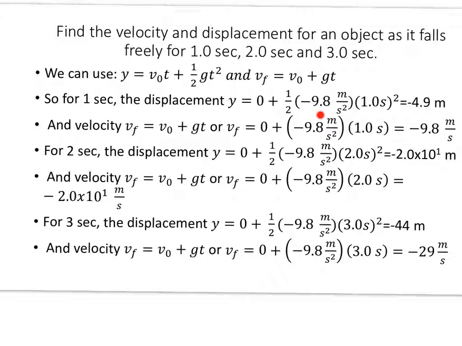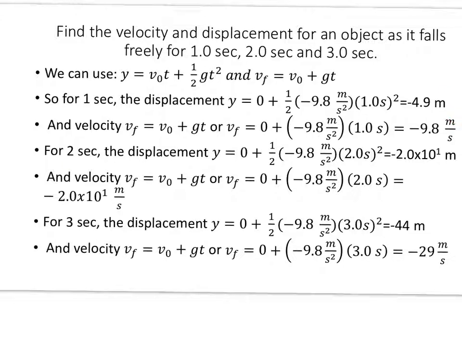So it's 1/2 times negative 9.8 times 1 second squared. So that comes out to be negative 4.9 meters. So that negative sign indicates that the object is 4.9 meters below the point where it was released. Now the velocity, again the initial velocity is 0, and so the velocity is negative 9.8 meters per second. That negative sign indicates that velocity is downward. Downward being negative, upward being positive.